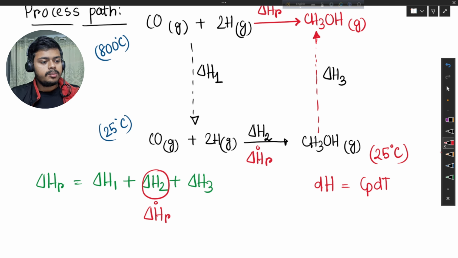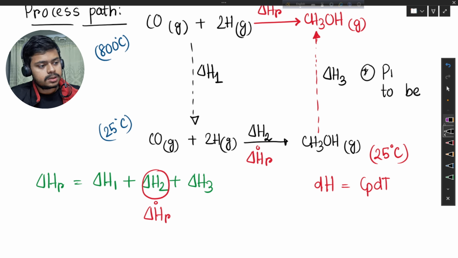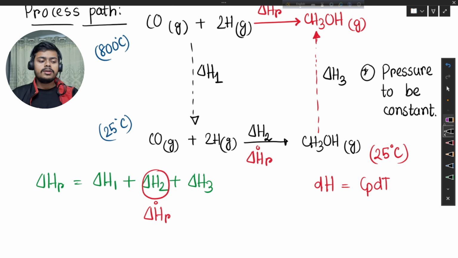An important note: we're considering the pressure in the overall process to be constant here, and we're going to see in further calculations that the pressure does not necessarily have to be constant.